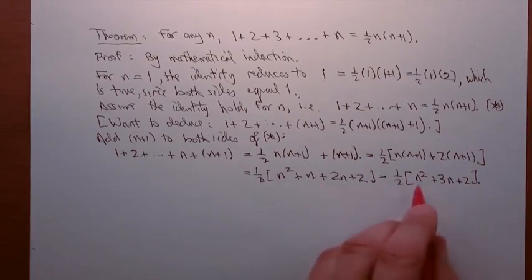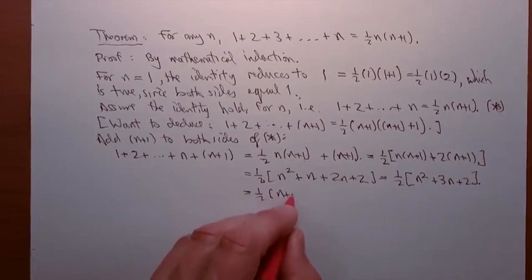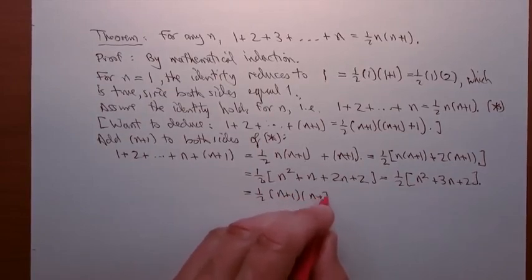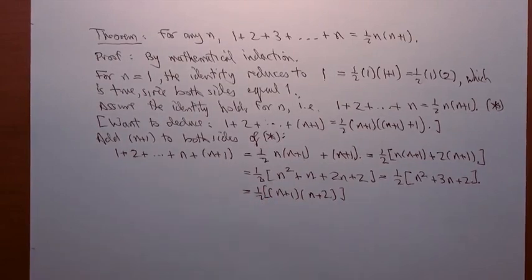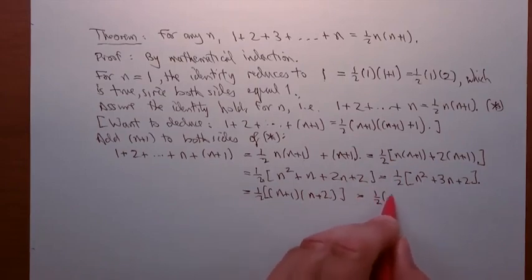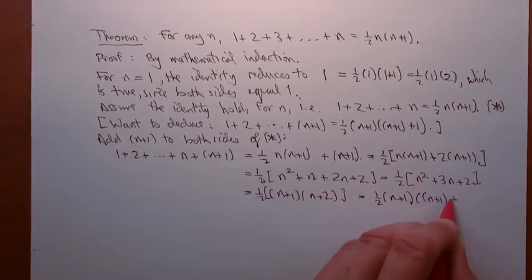And this factors. This is a half (n + 1)(n + 2). But that's the same as that. I can write it explicitly, if you like, as a half (n + 1)(n + 1 + 1).